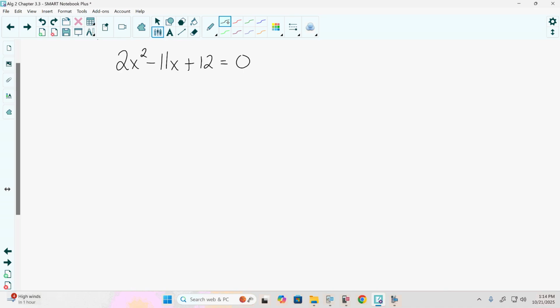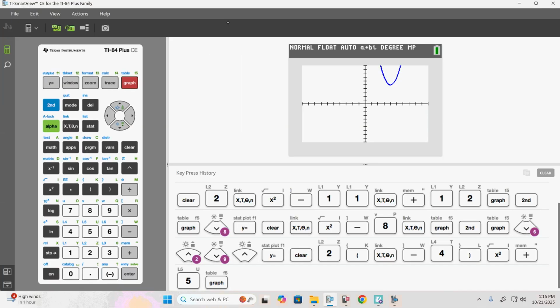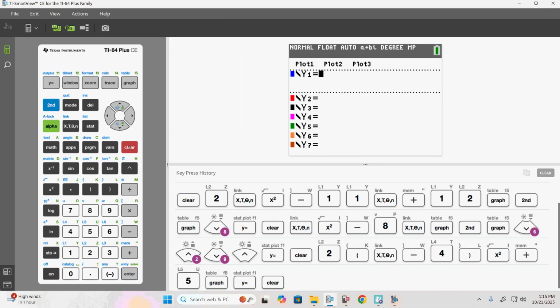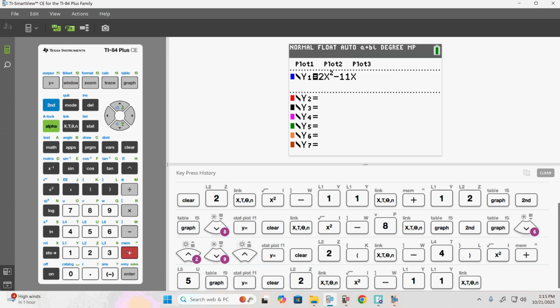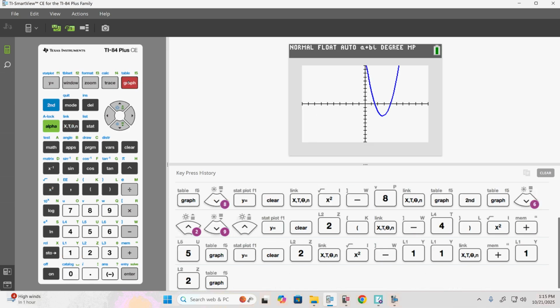Now, since it didn't specify how we solve it, we can solve it by any method. Really, the only methods that we have so far for solving are square root method, which doesn't work here because we have 11x, we have a middle term. We can graph it. So we could grab the graphing calculator, say y equals 2x squared minus 11x plus 12, and hit graph.